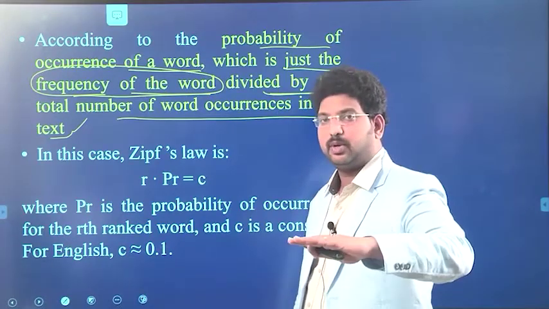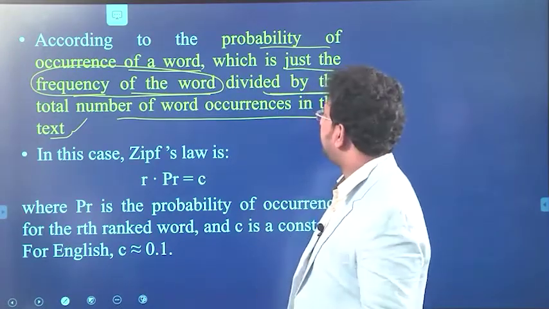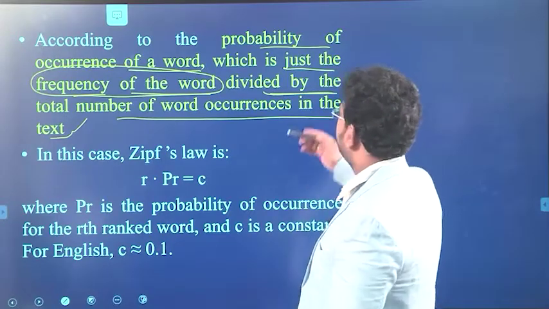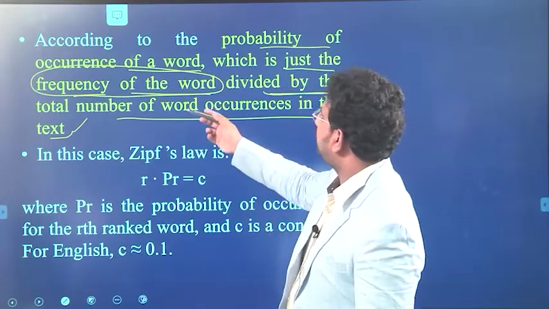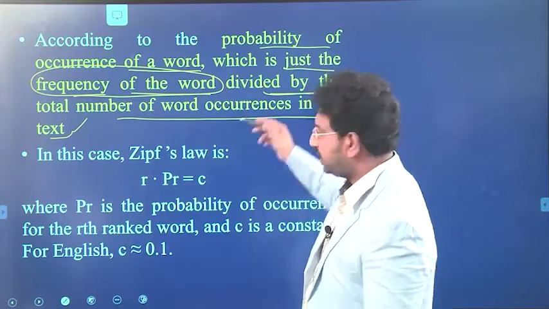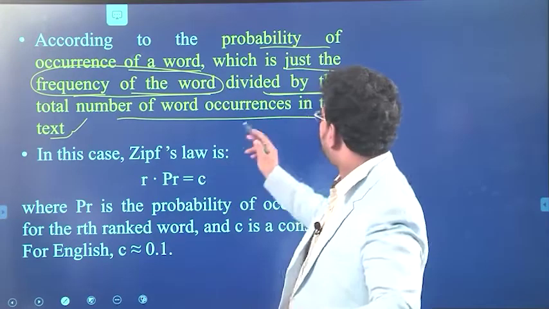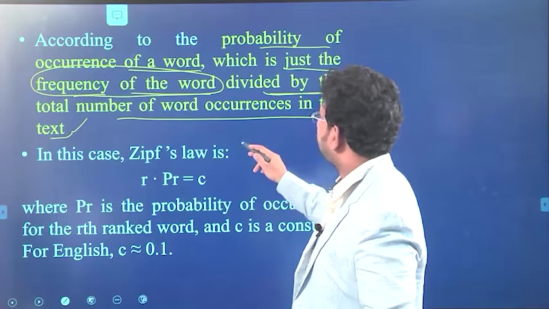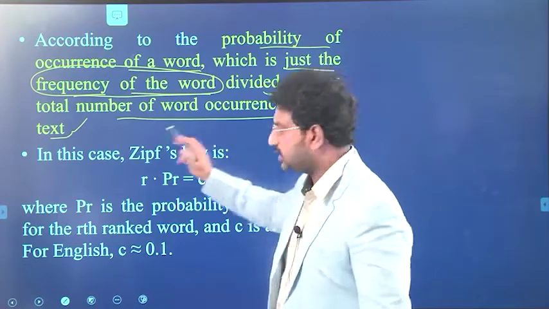If you want to decide the probability of occurrence of that particular word, you calculate the frequency of the word divided by the total number of word occurrences in that text.